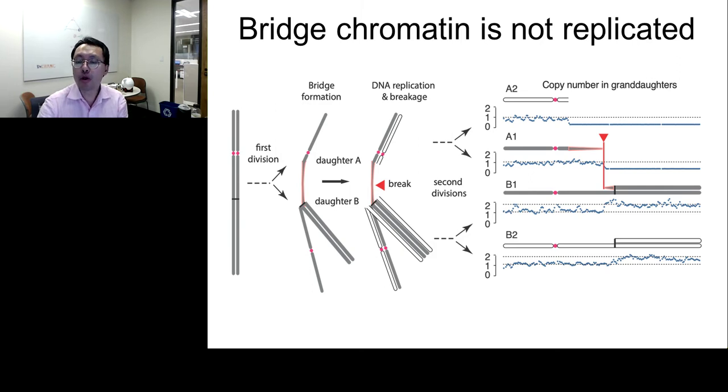Again, we learned that the breakage-fusion-bridge cycle is not exactly as it was described in the original model, because the lack of DNA replication of the bridge chromatin implies that over many generations, chromosomes in the bridge would be gradually lost over the population.